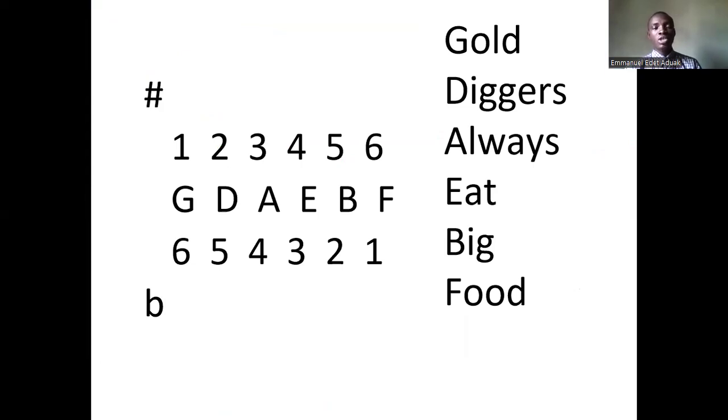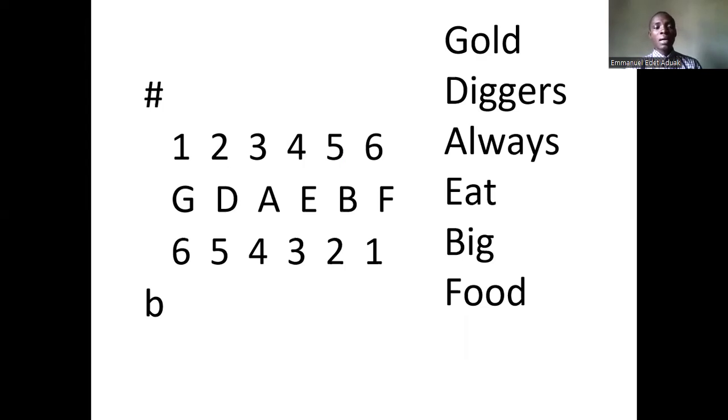we have. For example, G major has 1 sharp, D major has 2 sharps, A major has 3 sharps, E major has 4 sharps, B major has 5 sharps, F sharp major has 6 sharps, C sharp major has 7 sharps.